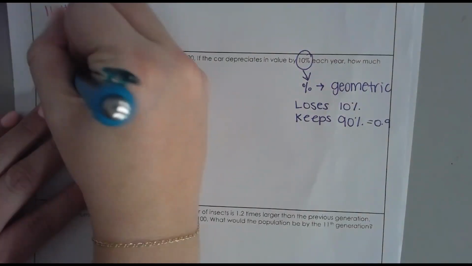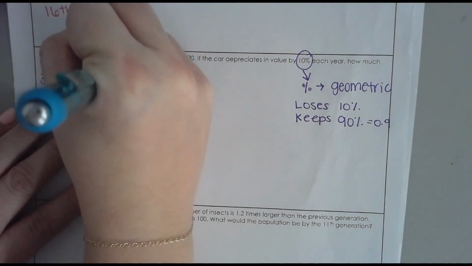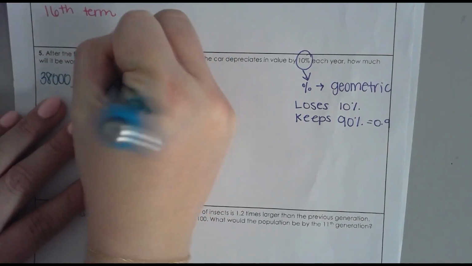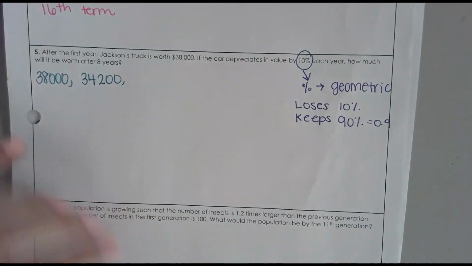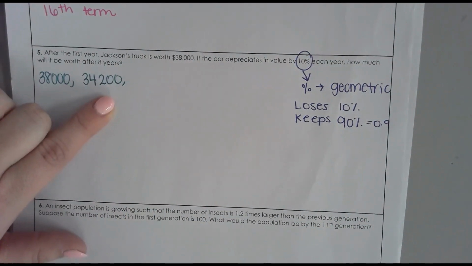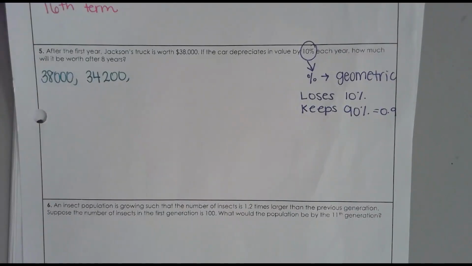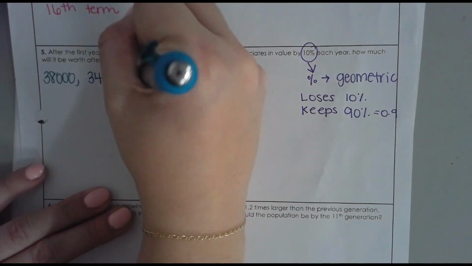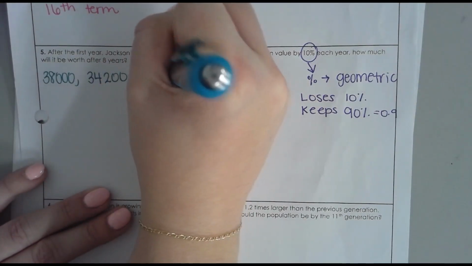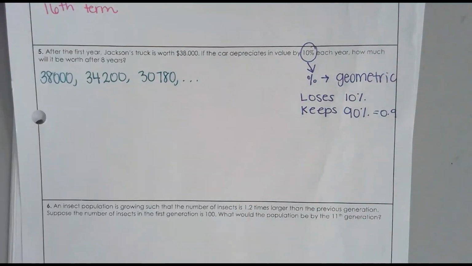And you get 34,200. So that's year 2. Then we would need to multiply by 0.9 again to get year 3. Okay, and so on.